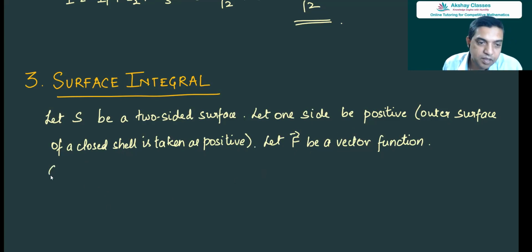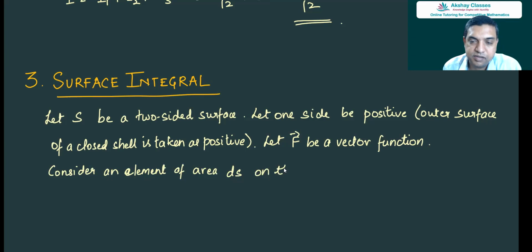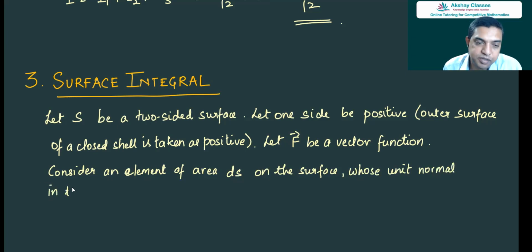Consider an element of area ds on the surface whose unit normal in the positive direction, the outward direction, is n cap.